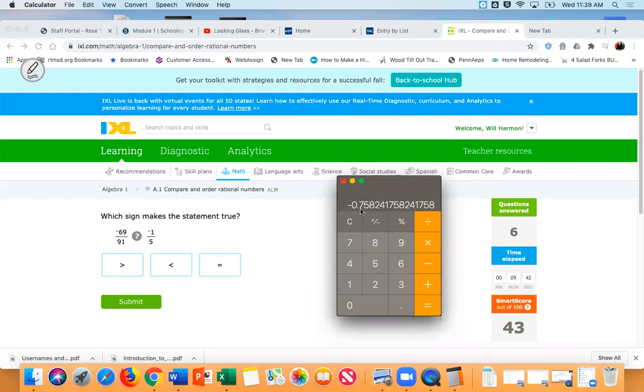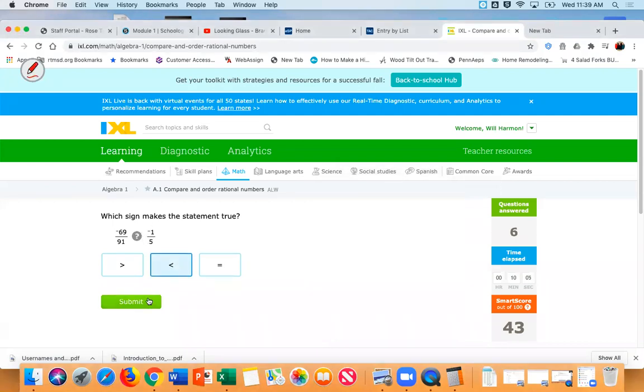And I get this ugly decimal. And that's negative 0.75. Now I'm going to do negative 1 divided by 5. And that's negative 0.2. So I'm thinking, which one is like the smaller number, meaning which one is closer to 0? And that's the negative 1/5.